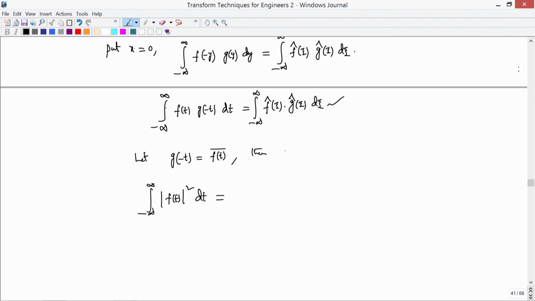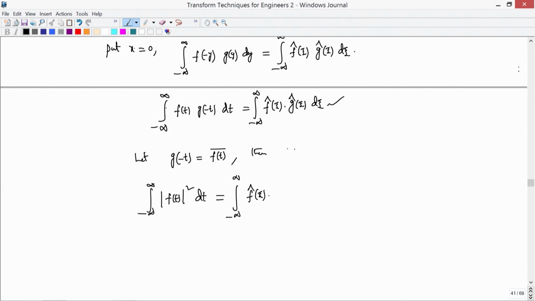Once you have this, what is your g cap of xi? Let us try to see this separately.